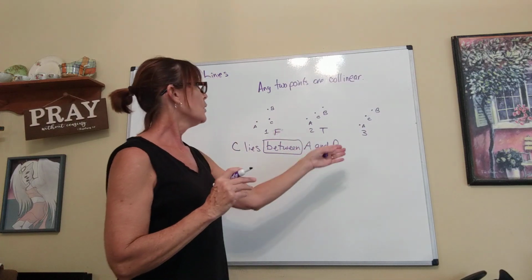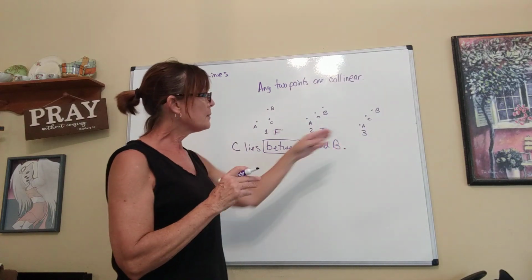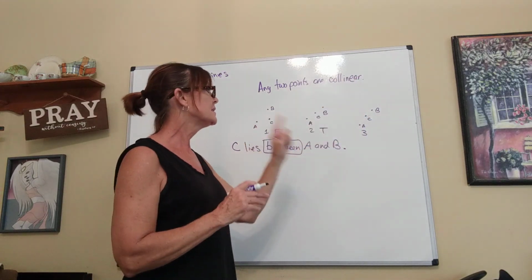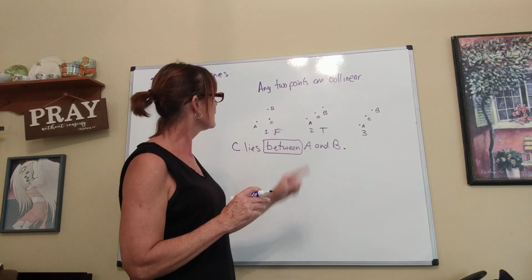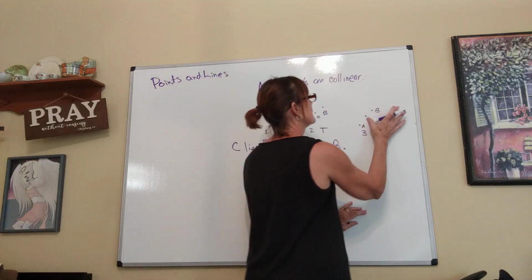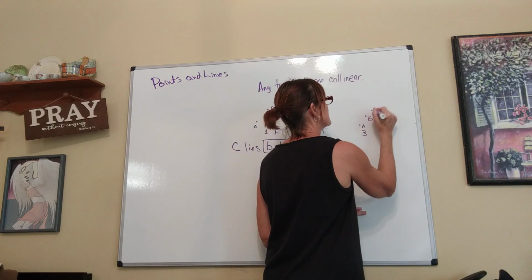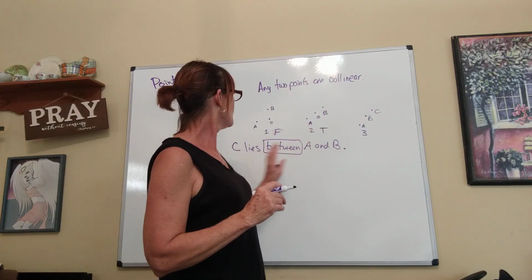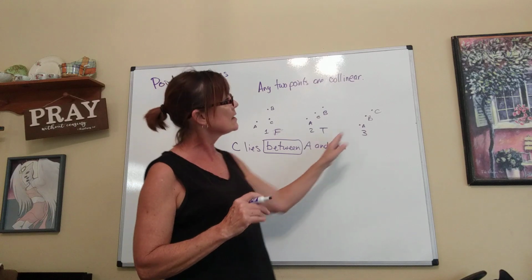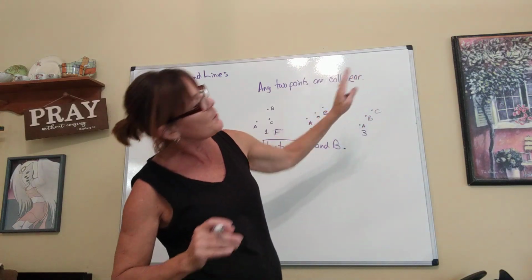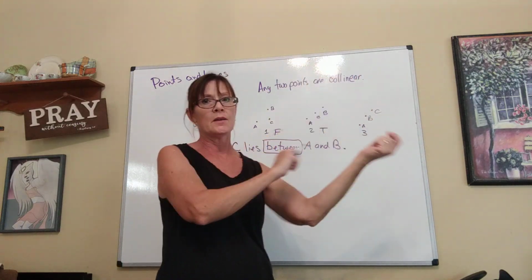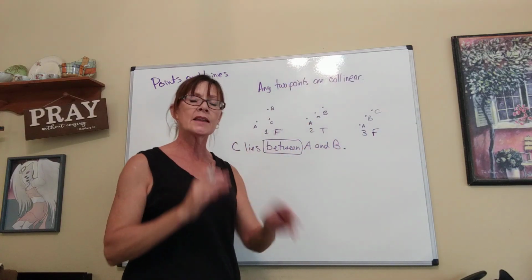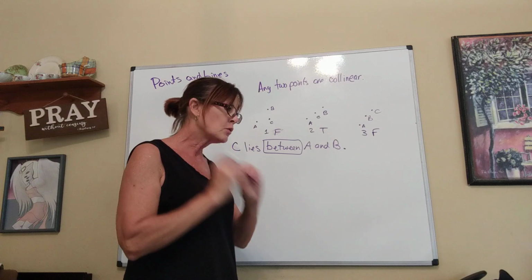For number 3, A, B, and C are all collinear because they're lining up, but I drew the same thing. Ah, darn it. This is what I meant to draw. A, B, and C. This time, we would say C is collinear with A and B, but C is not in between A and B, so this one would also be false. That's what I meant to draw at the time. So that is what it means when we say between.